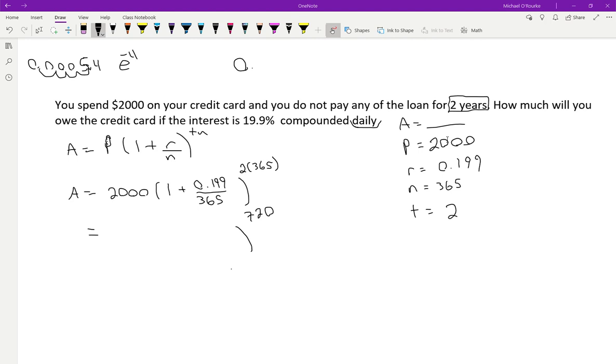Then we need to do the exponent. So I click on this button here, and it's going to be the exponent of 720, because 2 times 365 is 720. So essentially what I've done is this part of the equation so far.